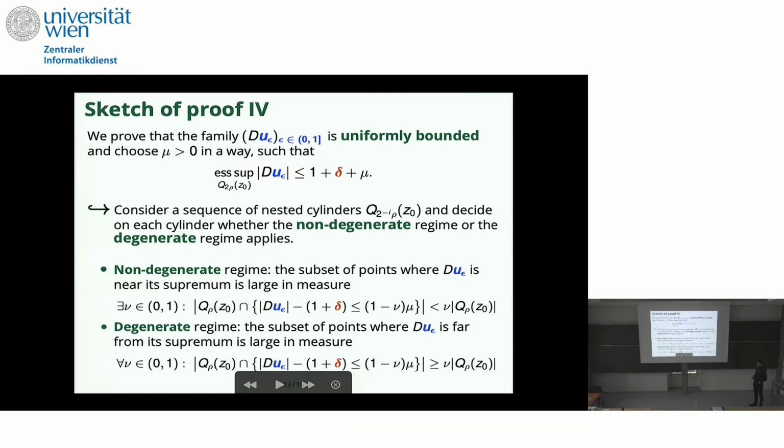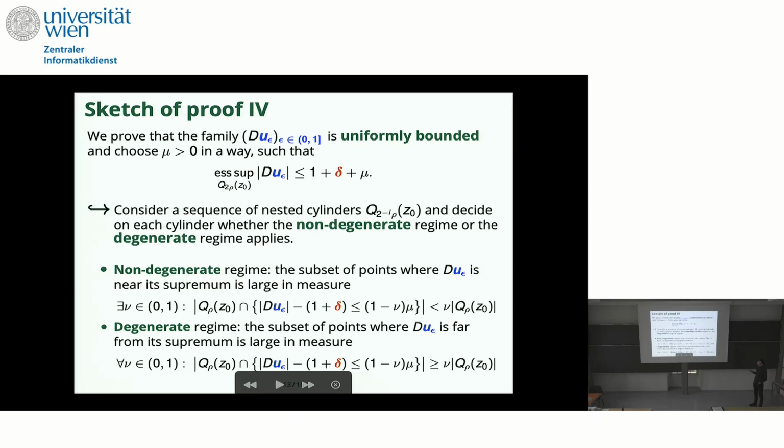Basically, this you can do, and this uses a nice trick of Colombo and Figalli, and this heavily relies on the fact that you consider a priori Lipschitz solutions. But I won't go further into detail. Once you have done this, we do the same trick as before. We choose some mu greater than 0, such that we can control du epsilon from above by 1 plus delta plus this mu. This we can do.